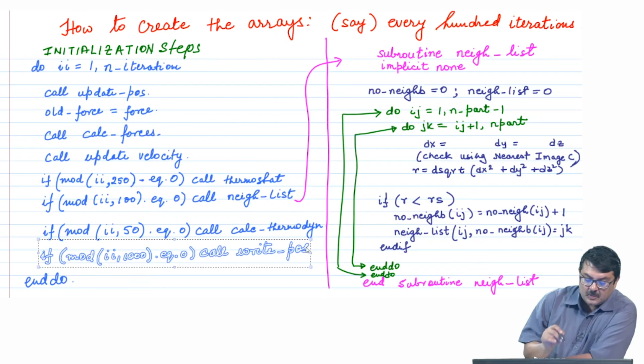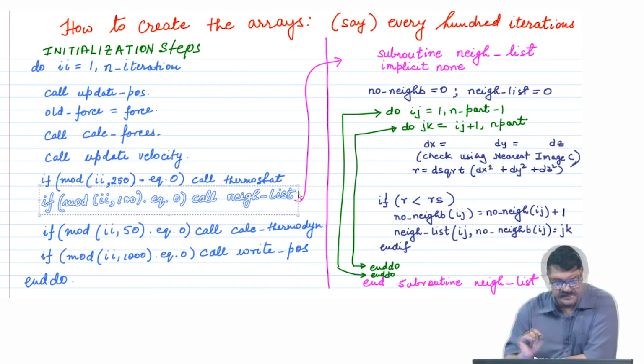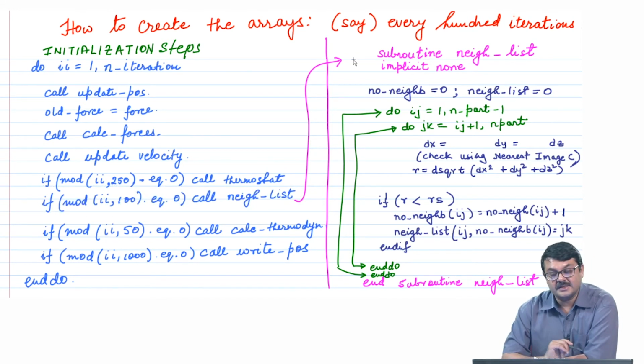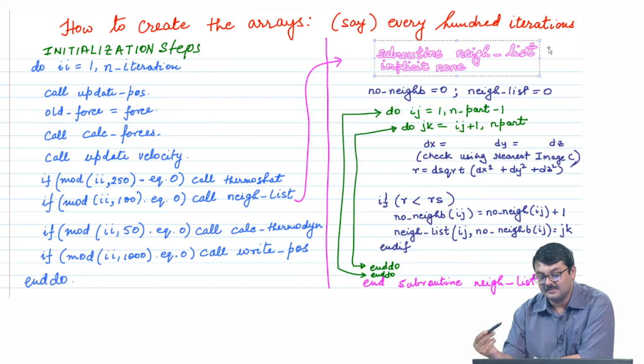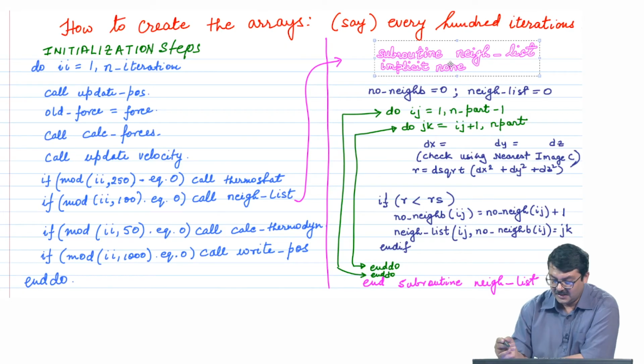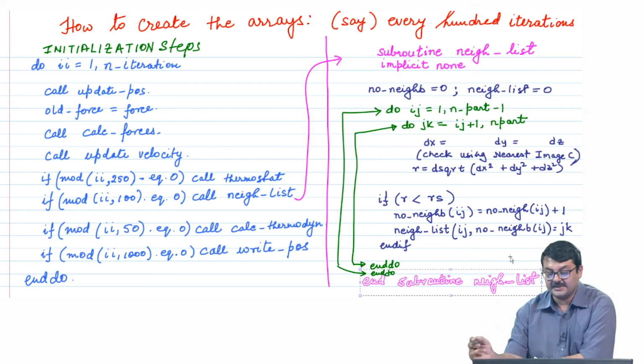Okay. But now we are discussing neighbor list, and basically every 100 iterations you are calling the neighbor list. What will be there in the subroutine neighbor list? Of course, you have to start with subroutine nei_list, nei for neighbor, underscore list, implicit none, and of course, this is the end of the code, end subroutine nei_list.